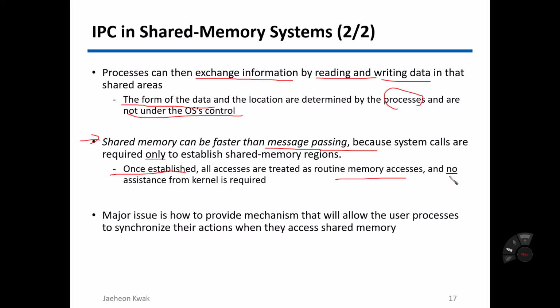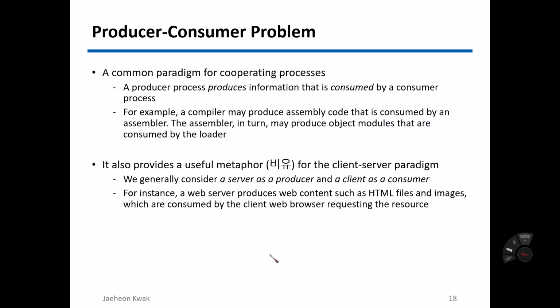So we don't have to depend on assistance from the kernel. Because the kernel is not involved, its speed is faster than that of message passing. However, the shared memory's major issue is how to provide a mechanism to manage synchronization. So we're gonna see this issue.